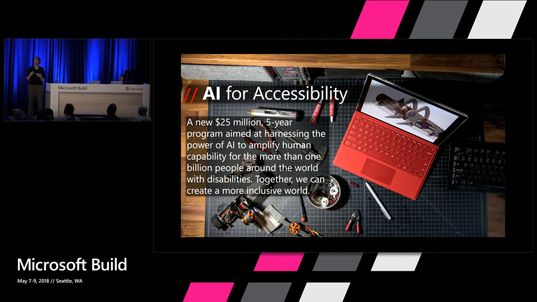It's a $25 million, five-year program where we will be investing in technology, in expertise to give to entrepreneurs, makers, advocacy groups, companies, mom and pop shops, whatever it may be, globally, to see what you can do leveraging the power of AI.